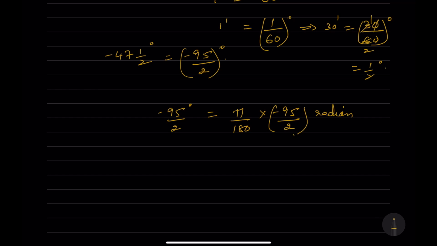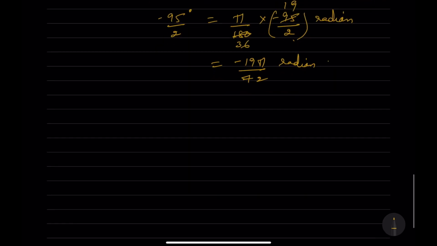So this is equal to, 5 1s are, 5 9s are, again here 5 3s are, 6 are. So you are getting minus 19 pi divided by 72 radian. So therefore minus 47 degrees 30 minutes is equal to minus 19 pi by 72 radian.